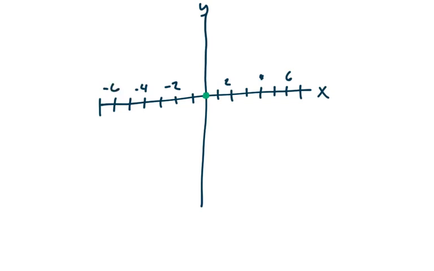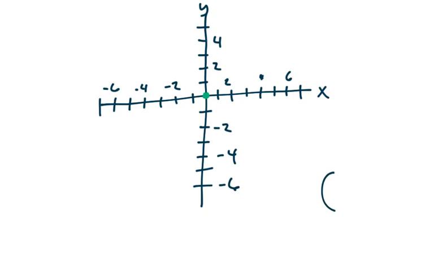And here on the y, I'd go 1, 2, 3, 4, 5, and -1, -2, -3, -4, -5, -6. Let me label a couple. Oh, look what I did, I put negatives up here. 2, 4, and -2 is down here, -4 is down here, -6 is down here.